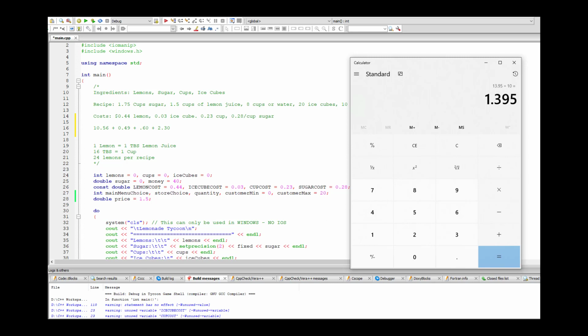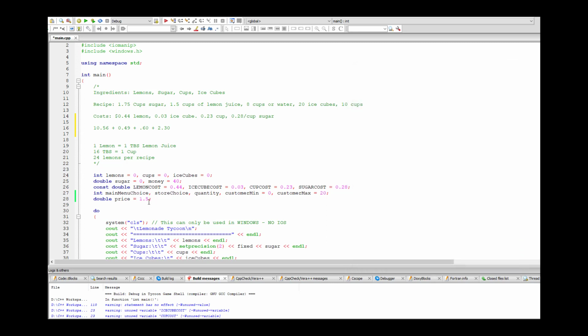Now, currently, we have the price set to 1.5, right? So, meaning it costs us $1.40 to make 1 cup, but we sell it for $1.50. So we only make 10 cents per cup. All right, we should actually write this down. It costs about $1.395 to make 1 cup.